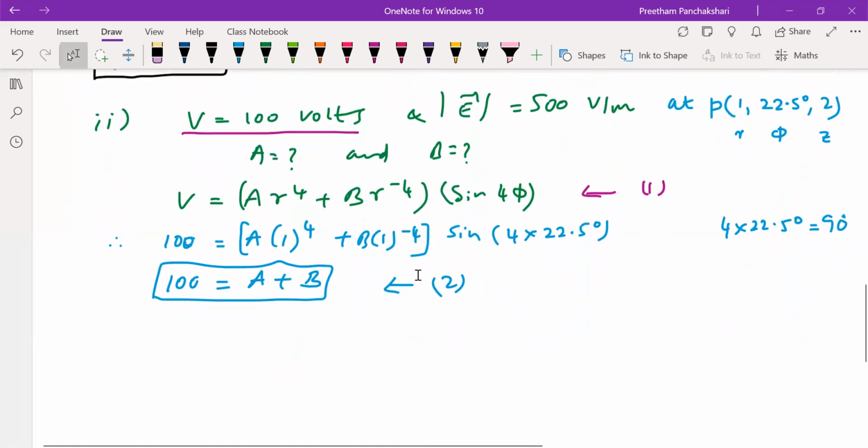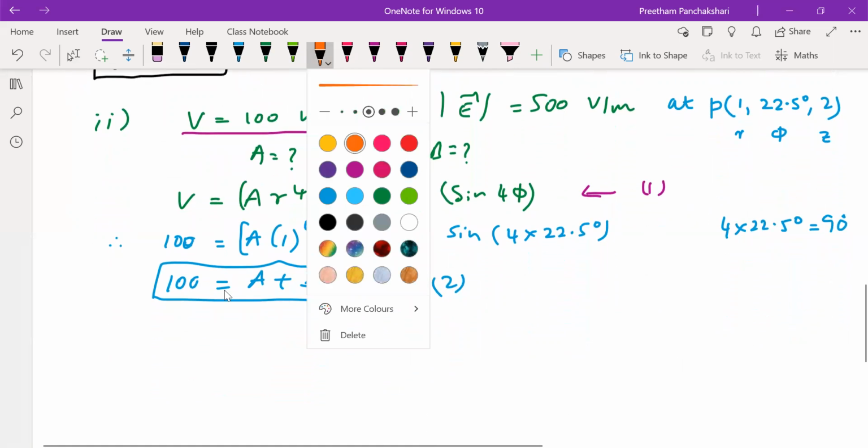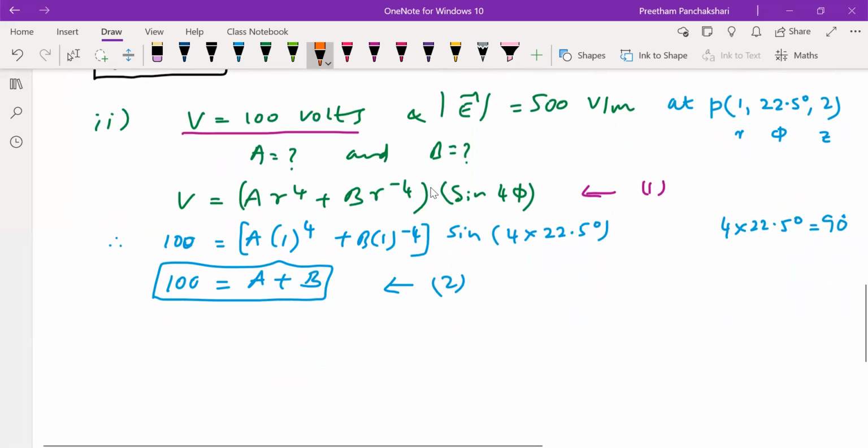I'm going to use the second value given in the same way. That is magnitude of E equal to 500 volts per meter at the point P. So to use this value, we have to find E first. We know that E is equal to minus del V. This problem is in cylindrical coordinate system.